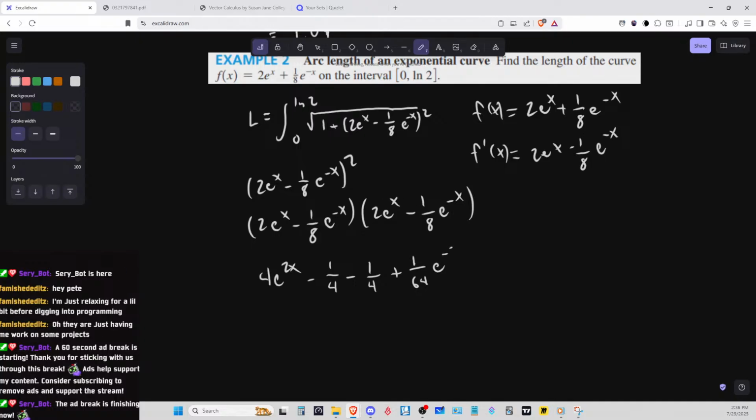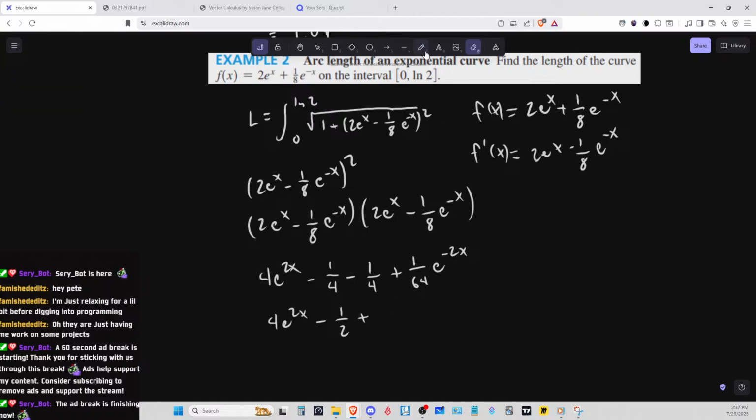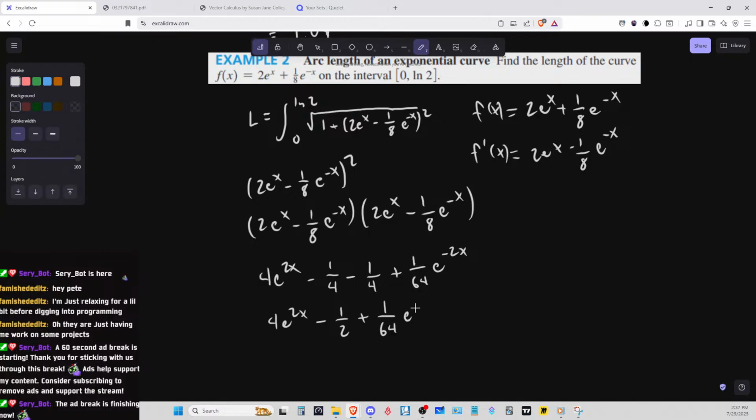Then that will be -2. So in total, like -1/2 plus 64.